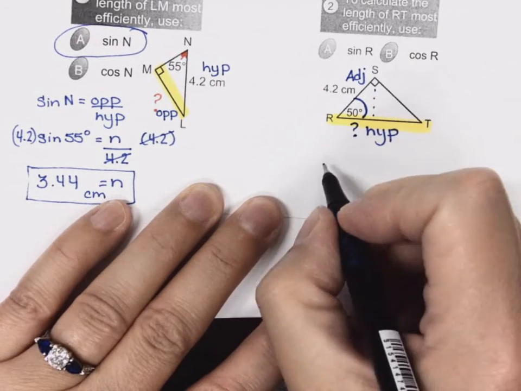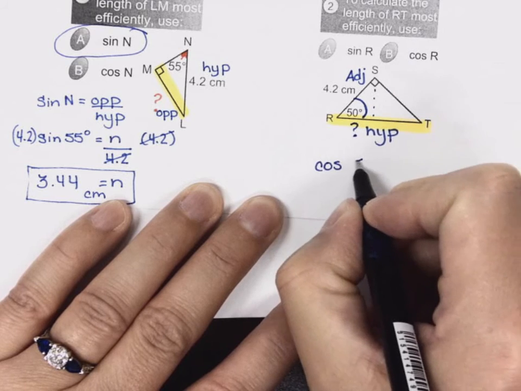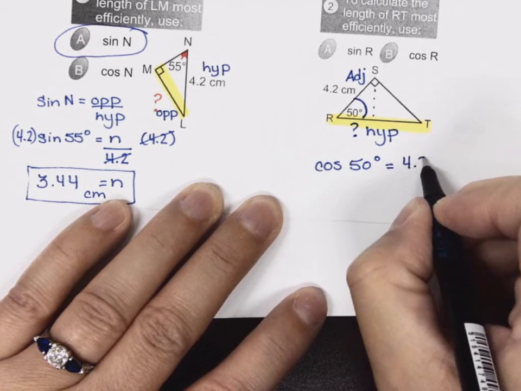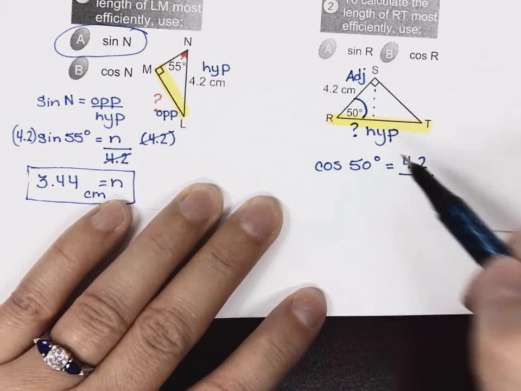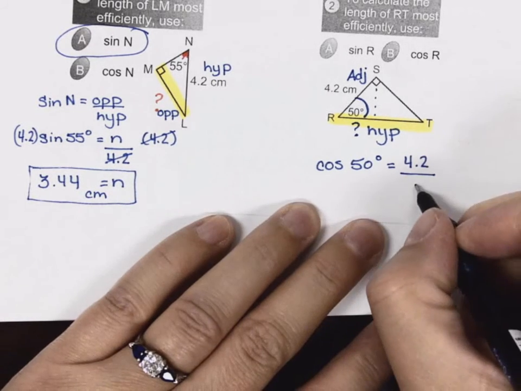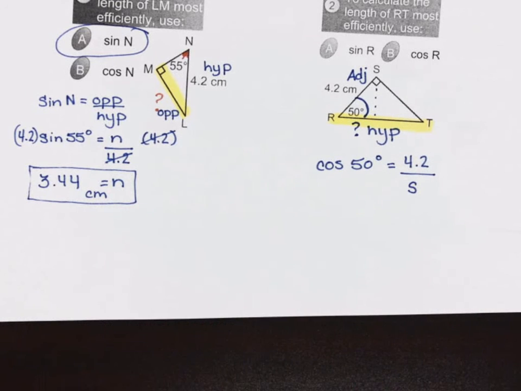All right, so let's set this up. So cos of 50 degrees is equal to the adjacent side 4.2 over the hypotenuse. What letter am I going to use for that? Lowercase s, which looks an awful lot like my uppercase s, and which sometimes looks like a 5. So I try not to use s's when possible.